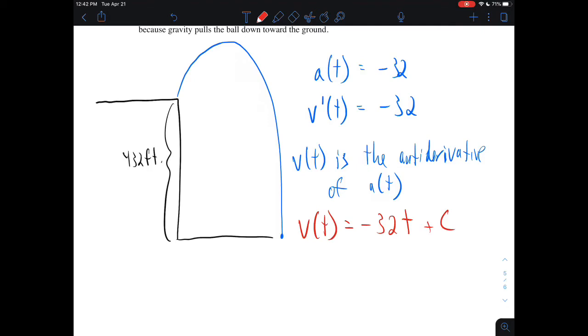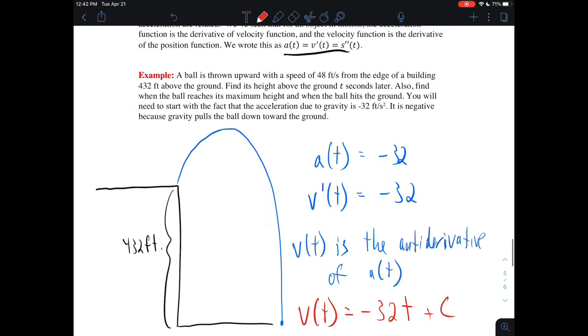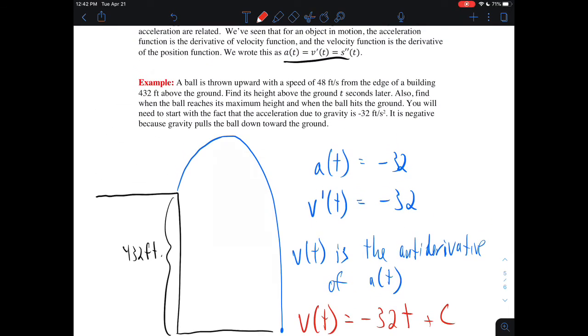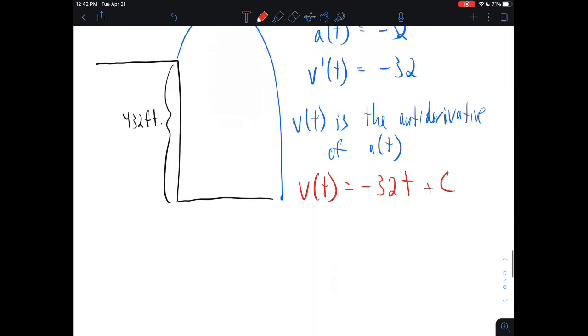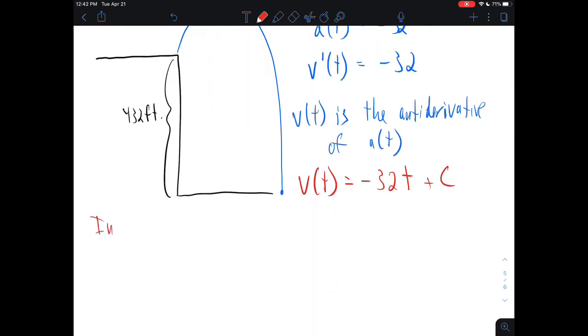So now at this point, we can actually figure out what C is by going back to what we were first given. The ball is thrown upward with a speed of 48 feet per second. This means at the very beginning, when time is equal to 0, our initial velocity was 48. So the velocity at time 0 is 48.